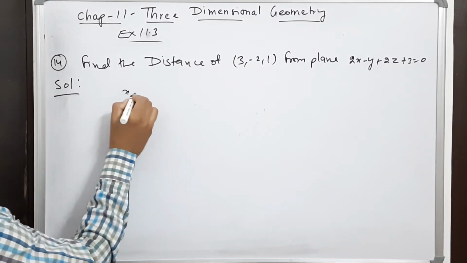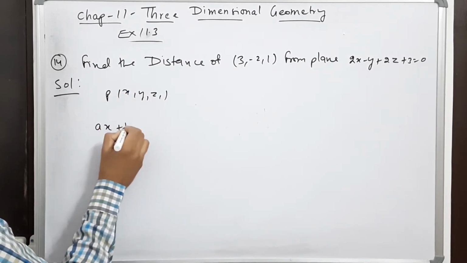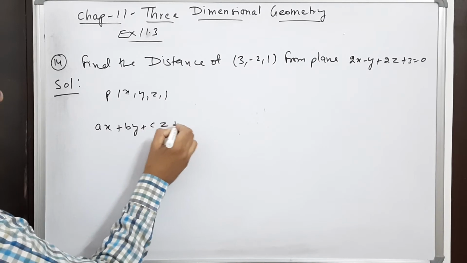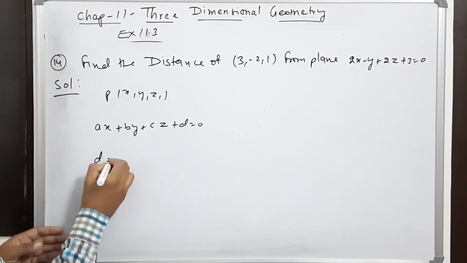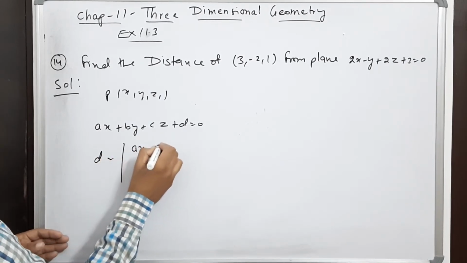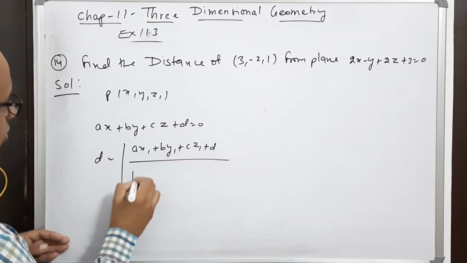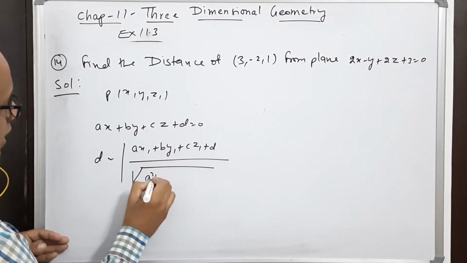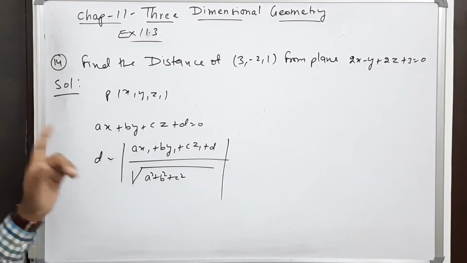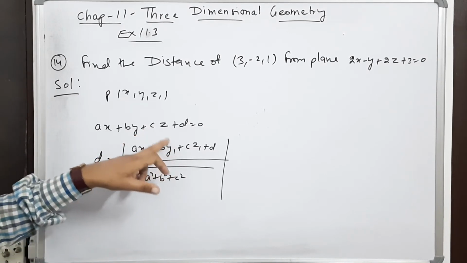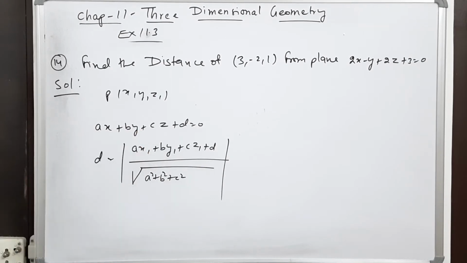See, the formula is: if x1, y1 and z1 is a point and ax plus by plus cz plus d equals 0 is a plane, then the distance will be the absolute value of ax1 plus by1 plus cz1 plus d upon root a square plus b square plus c square. In the straight line you have already read this formula. The additional part is cz. There it was ax plus by plus c equals 0.